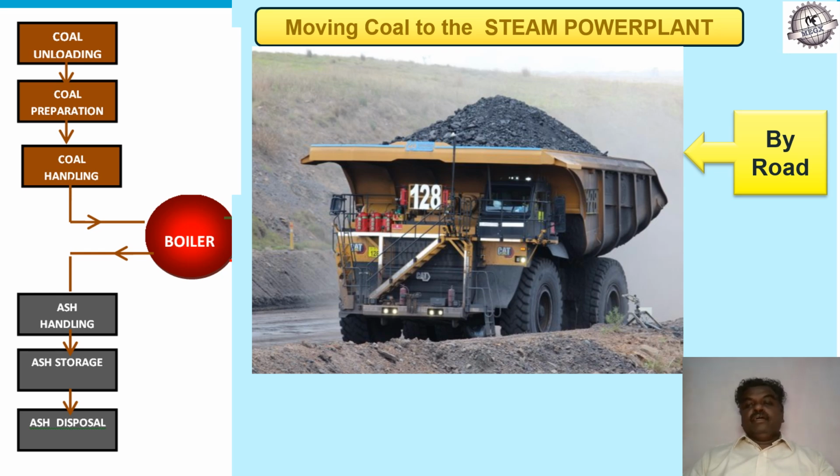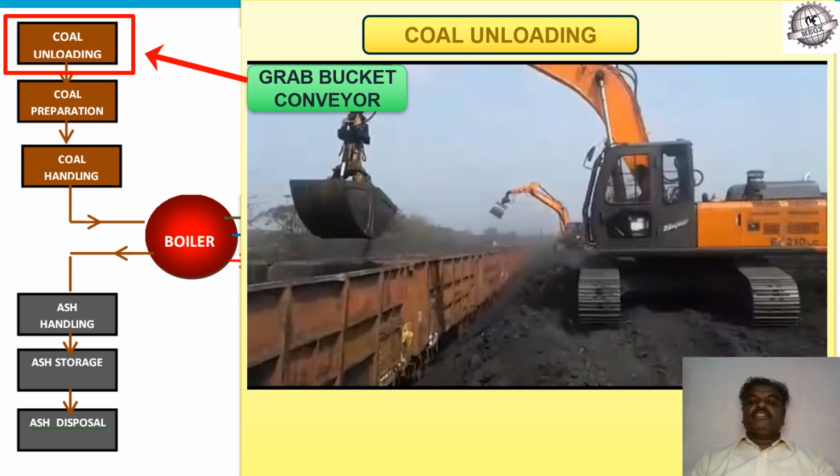Once when it comes to the power plant premises, the coal has to be unloaded from these ships or train or trucks. For that, several mechanical handling equipments are used. And the first mechanical equipment that is used for unloading the coal is called as a grab bucket.